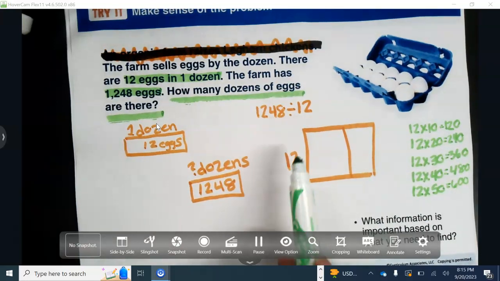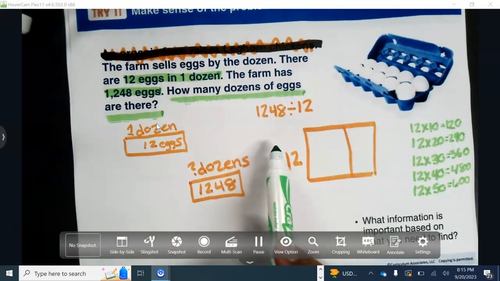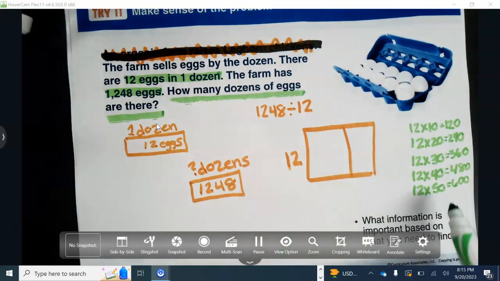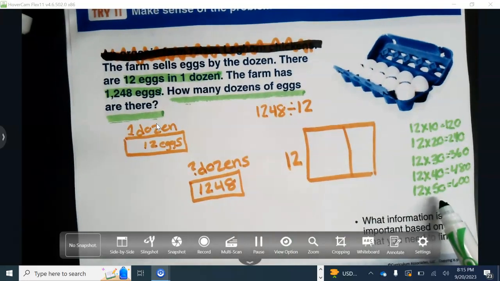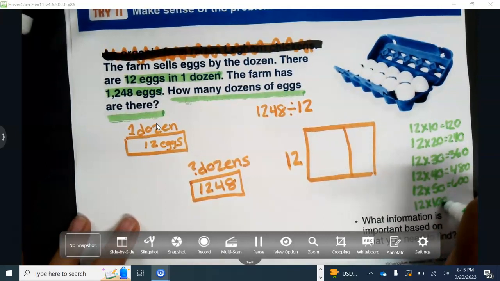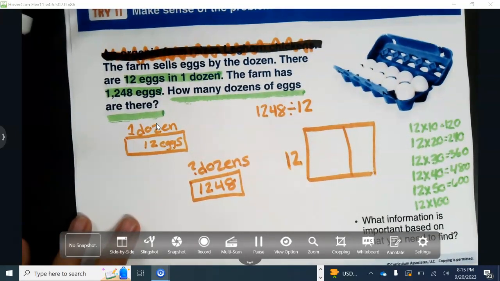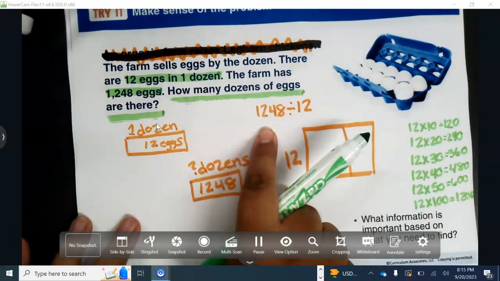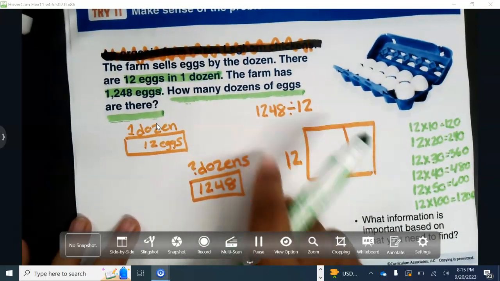Well, I do know that 600 is half of 1,200. So I'm wondering if I should just double up 50 to make it 100, and we can get the number. Let's see. So 12 times 100 equals 1,200, which is very, very close to 1,248.